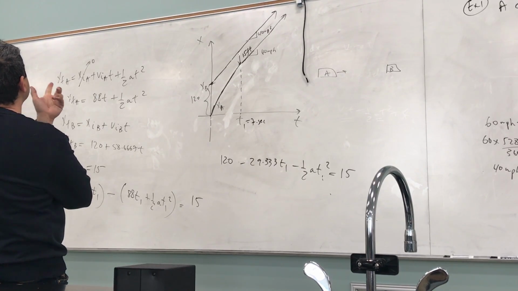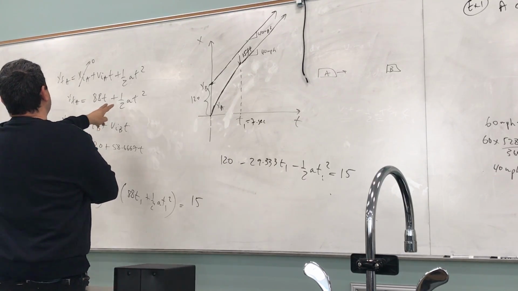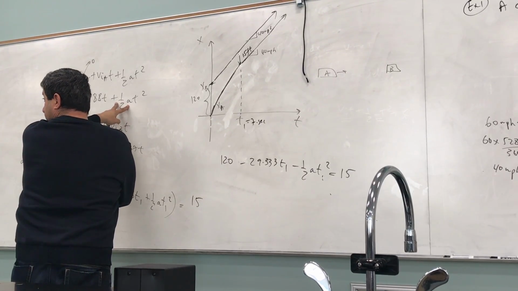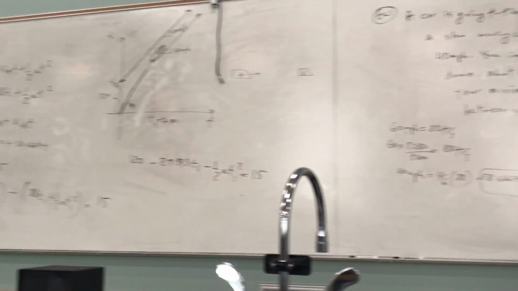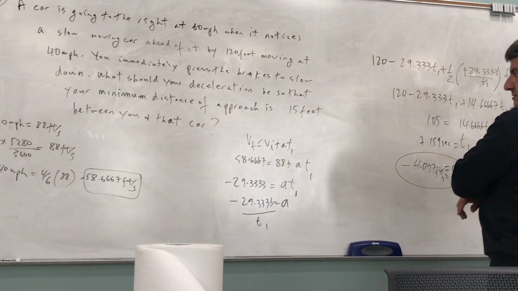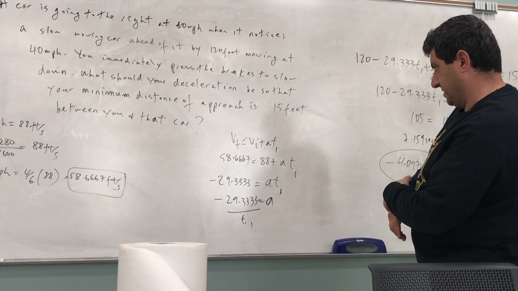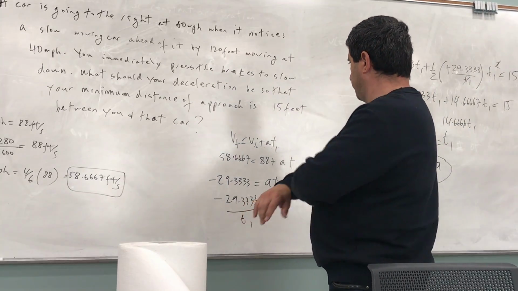Like it's from the picture. Yeah. Here you're saying this is positive. Is that what you mean? No, I was talking about the right. I was asking why I was here. Well, because A is negative 29.33.